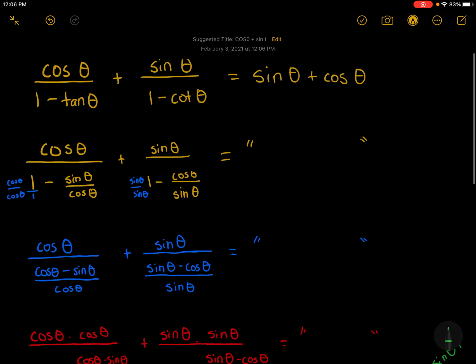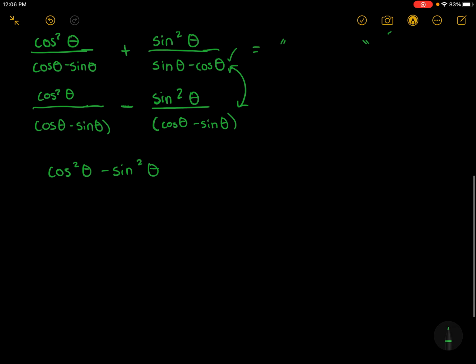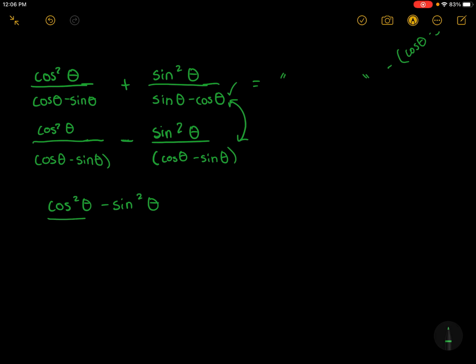And we're not going to worry about this right side up here. We know that we should get sine theta plus cosine theta. So let's keep going. So cosine squared theta minus sine squared theta over cosine theta minus sine theta. And if we take another step, now remember a difference of perfect squares.